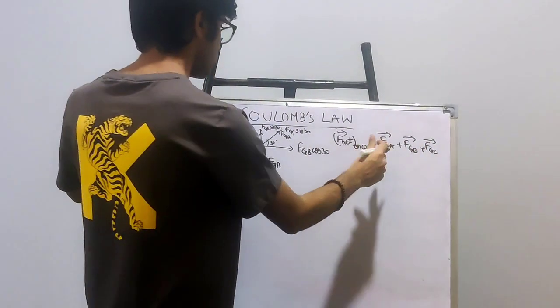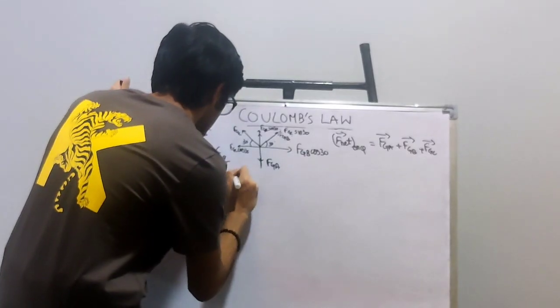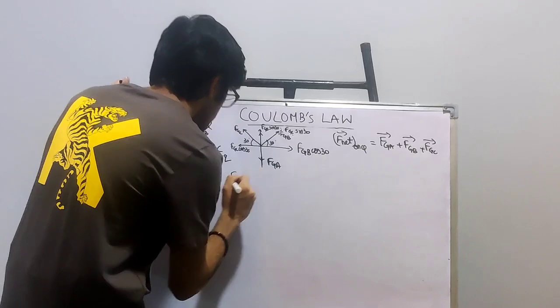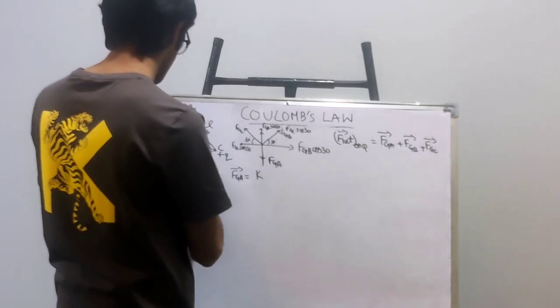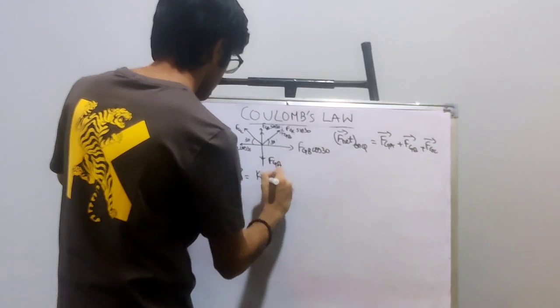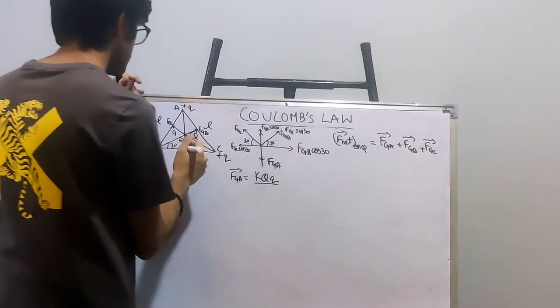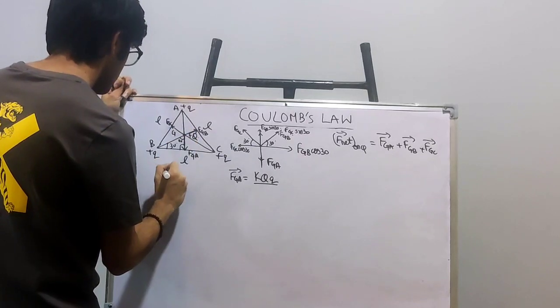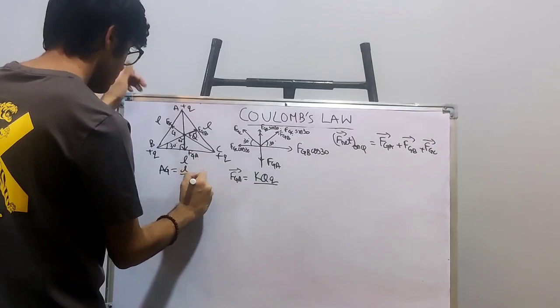Now the force on G due to A is this force, and it is nothing but K Q1 Q2 upon R square, where one is capital Q and the other is small q. Here AG would be equal to L by root 3.